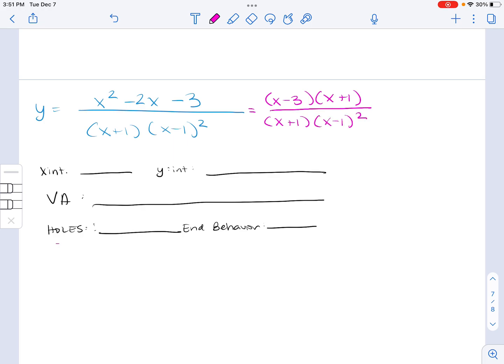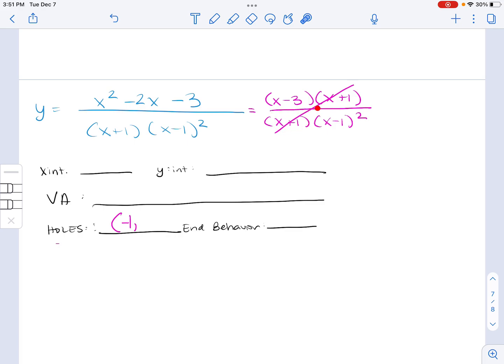So immediately I notice there are two factors that cancel. The value that creates a problem for me is -1, because if I put -1 here and here, I get 0 over 0. So that's where I'm getting this -1 from. It is the value that creates a problem in the top and in the bottom.